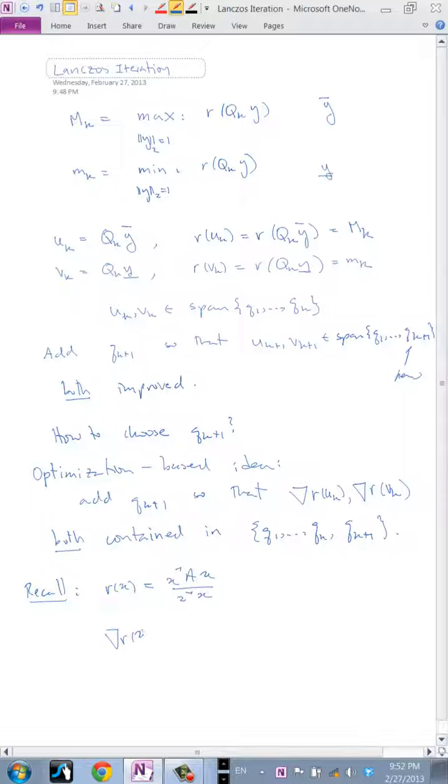The gradient of this continuous function is, by simple calculation, equal to 2 divided by x transpose x times (Ax minus R of x times x). So note in particular that this means that the gradient of R at x, for any x, is in the span of x and Ax.